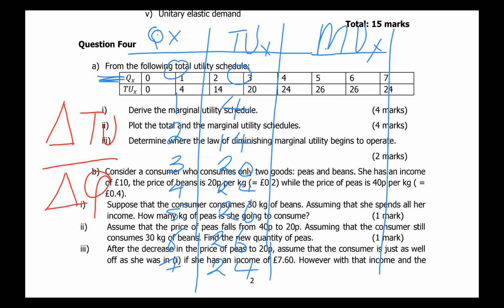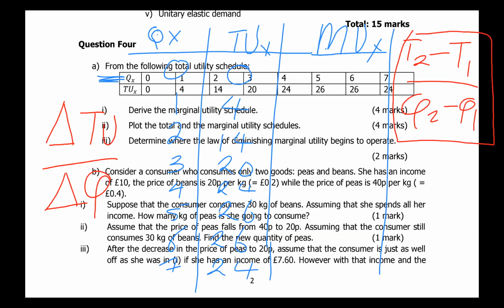Or you can say total utility 2 minus total utility 1 over quantity 2 minus quantity 1. It's basically the same thing. You subtract the previous utility from the higher utility, then divide by the higher quantity minus the previous quantity.